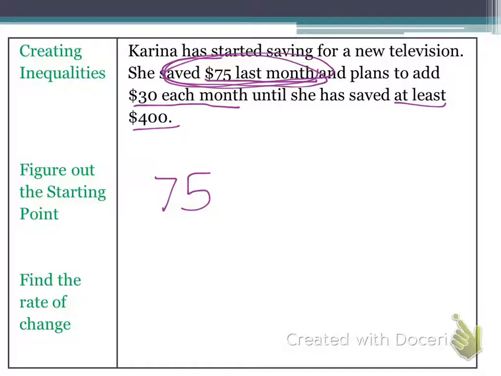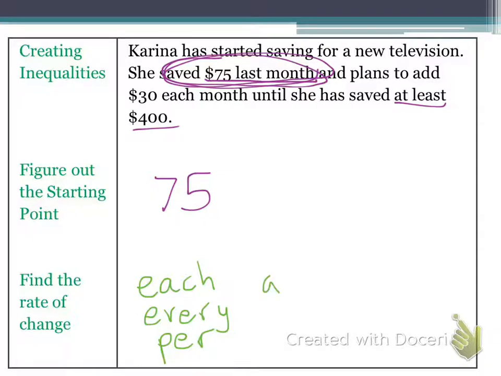Next, find the rate of change. We haven't gone over this yet, but to find the rate of change, you have to look for words like each, every, per. When you see these words, that means the rate of change.